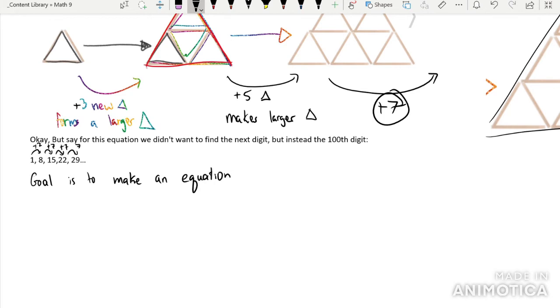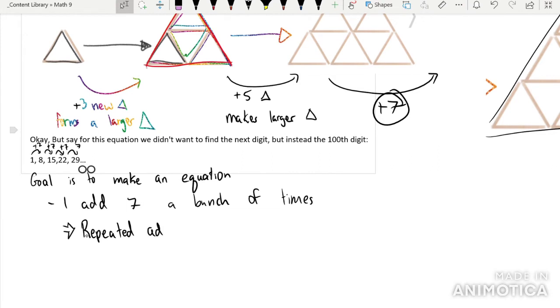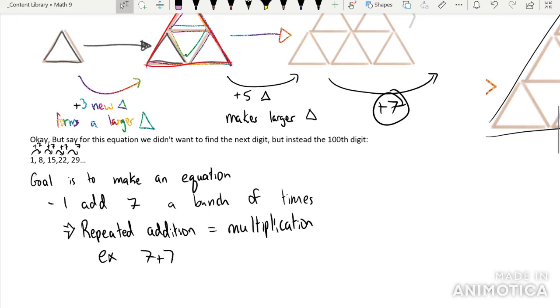Now, the way we can think about this is I add 7 a bunch of times. And one of the things that you'll have learned previously is that repeated addition is the same thing as multiplication. Example, if I have 7 plus 7 plus 7, this gives me 21, I can rewrite this as 3 times 7 to give me the same value.